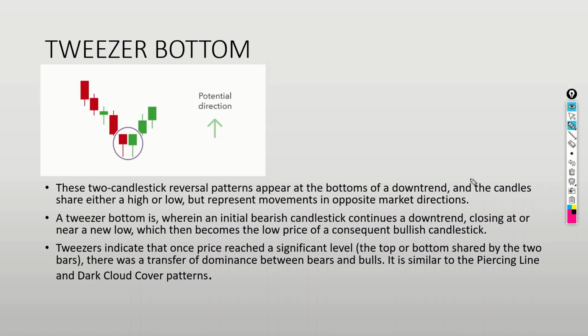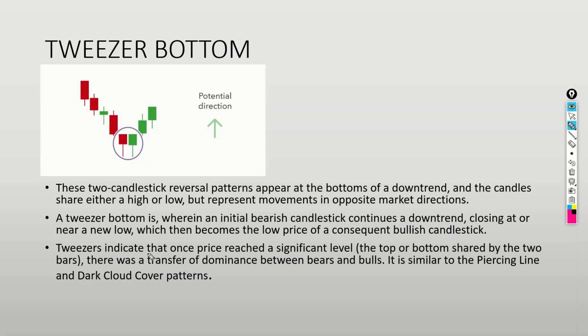So we are saying a tweezer bottom is an initial bearish candlestick that continues in a downtrend, closing at or near a new low, which then becomes the low price of consequent bullish candlesticks.